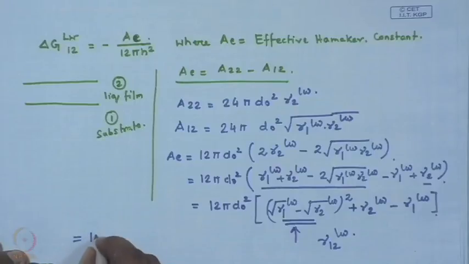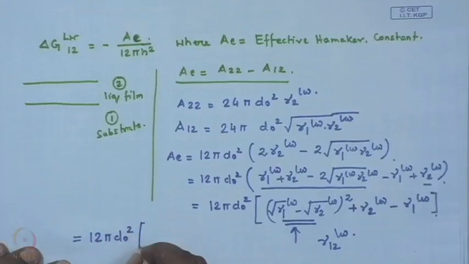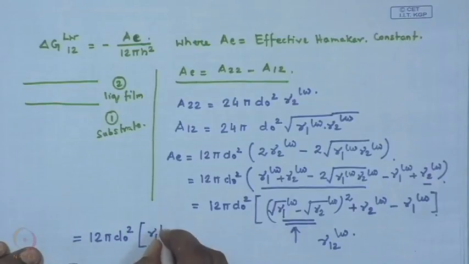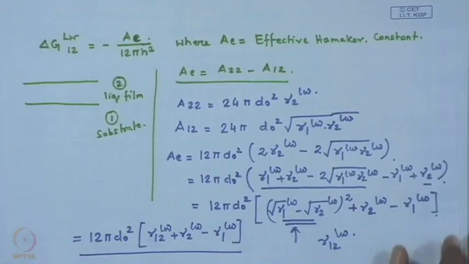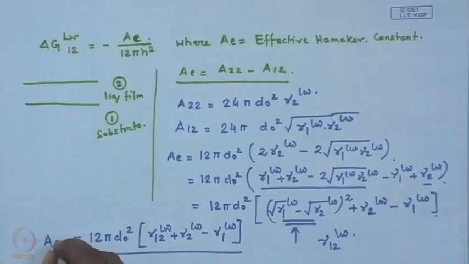So, the expression finally turns to pi d0 square into gamma 12 LW plus gamma 2 LW minus gamma 1 LW. Okay. So, this is the final expression for AE in terms of the surface tension and interfacial tension.